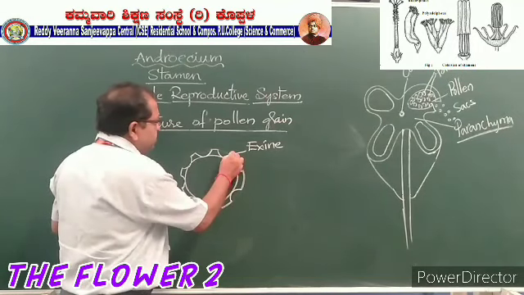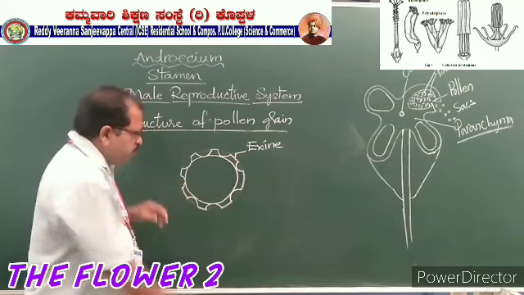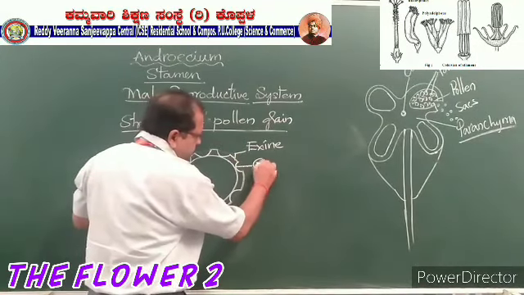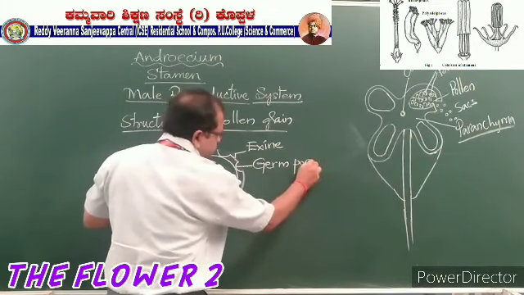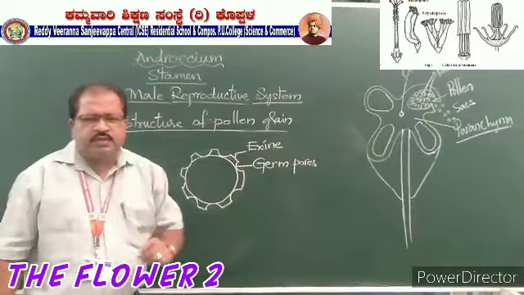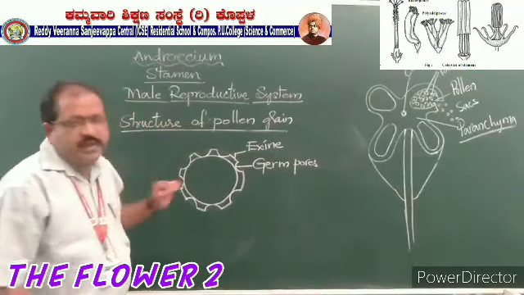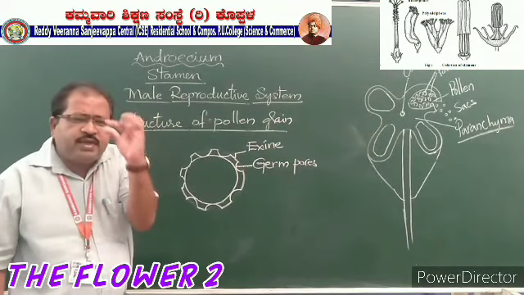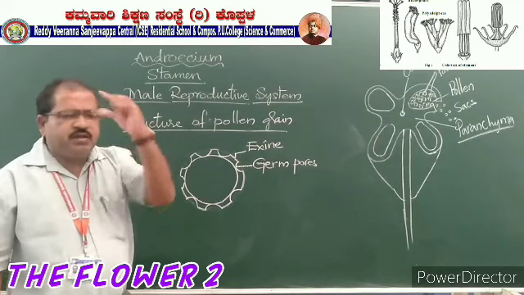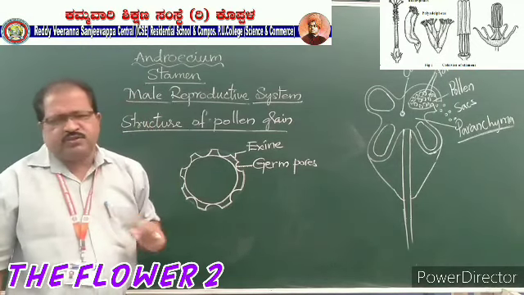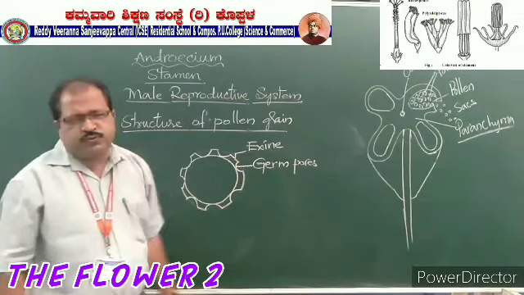These depressions are called germ pores. Where the depressions are, the thickness of the exine is very small; it is very thin there. Notches are present, and these notches are called germ pores.